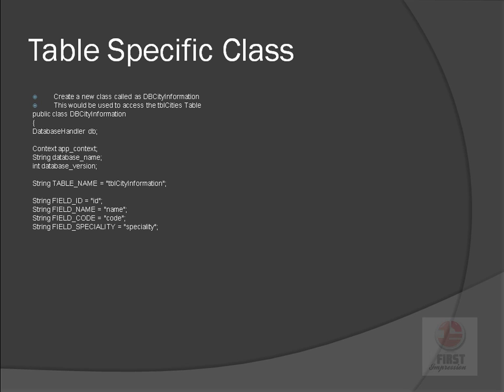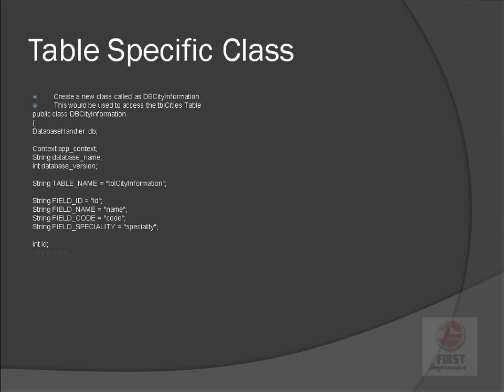So if we have to create an insert query, we'll say insert into table name, the table name being this table name, and in brackets field name, field code, field specialty, and then the values of those fields. That is why we have defined all the strings as constants over here. Then we will be using these strings inside our queries directly.